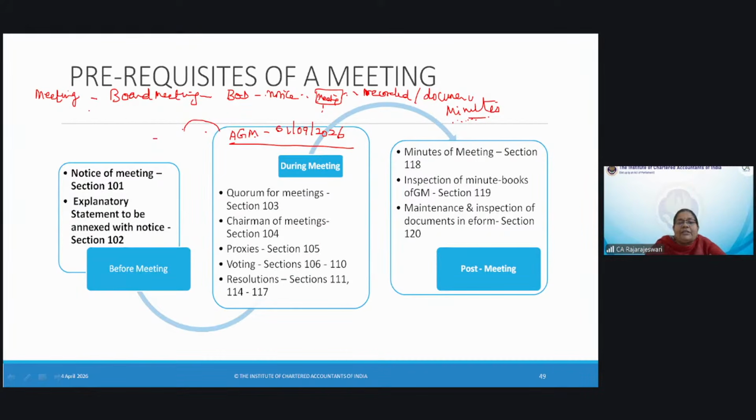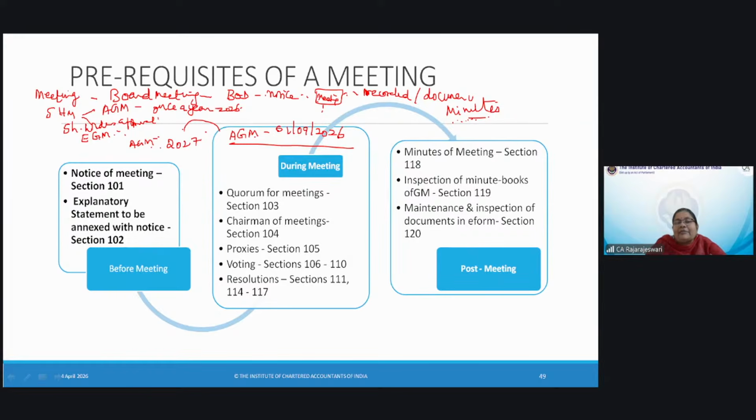So when I talked about meetings, it could be a board meeting, or if it is a shareholders meeting, it could be an annual general meeting which is held once a year. Next year also they will hold the meeting. Say this year 2026, the next meeting will be held as AGM 2027, right? In between these two AGMs, if there is an urgent business which requires the shareholders' approval, then they can conduct an extraordinary general meeting, wherein the business will not wait till you pass it in the next AGM.